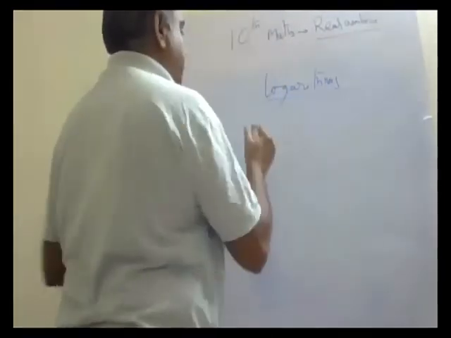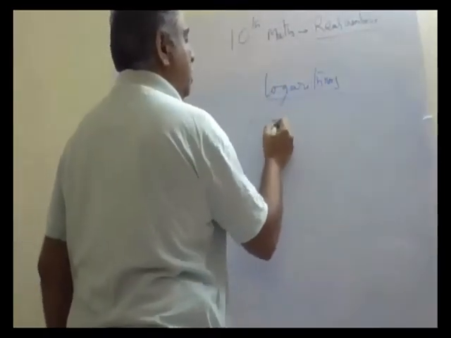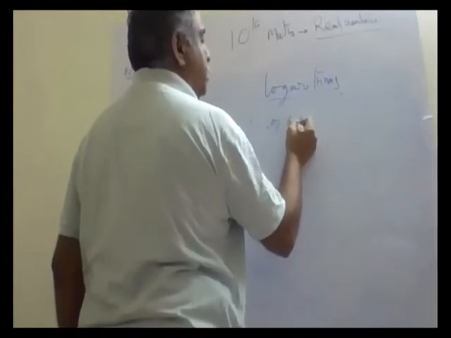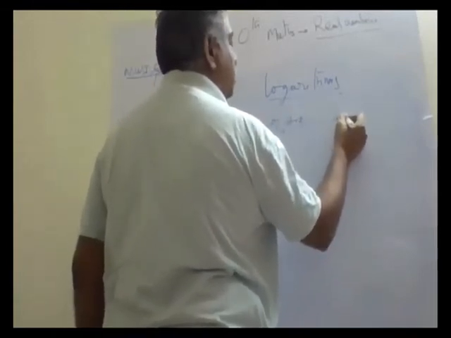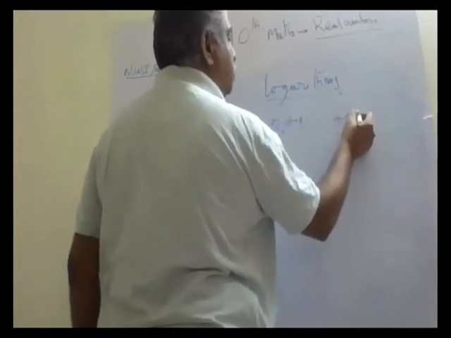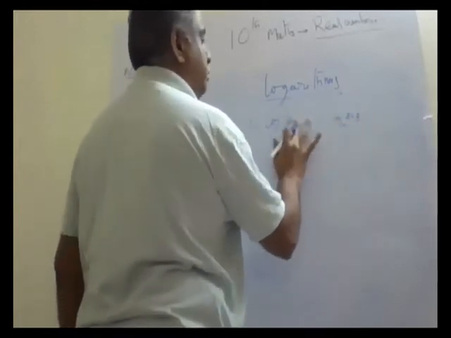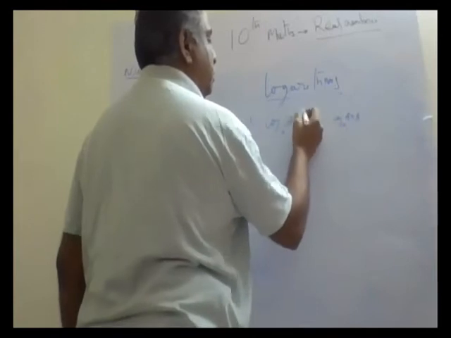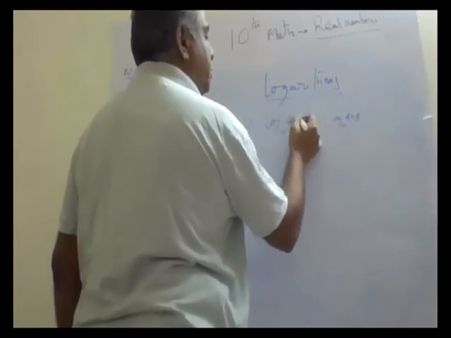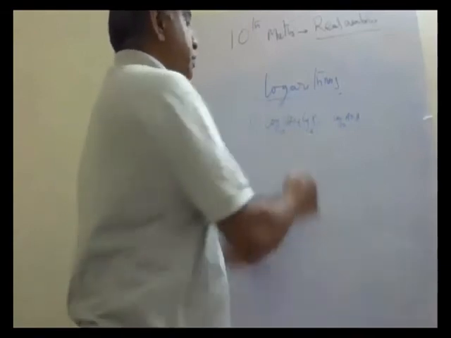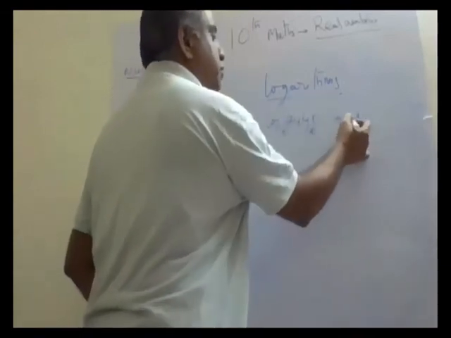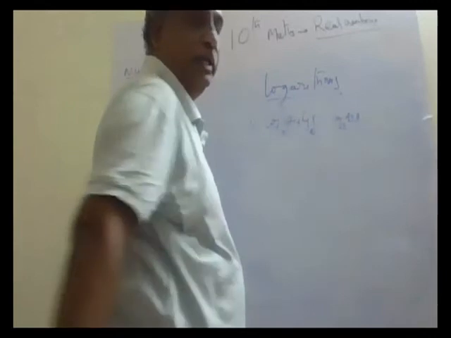First property: log a plus log b to base 10, with the same base, is equal to log ab to base 10. This is the first one.